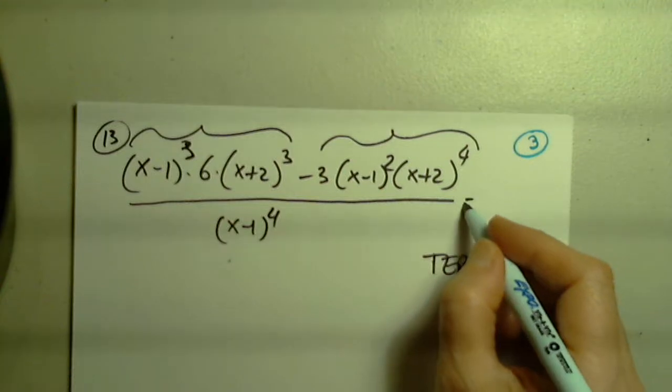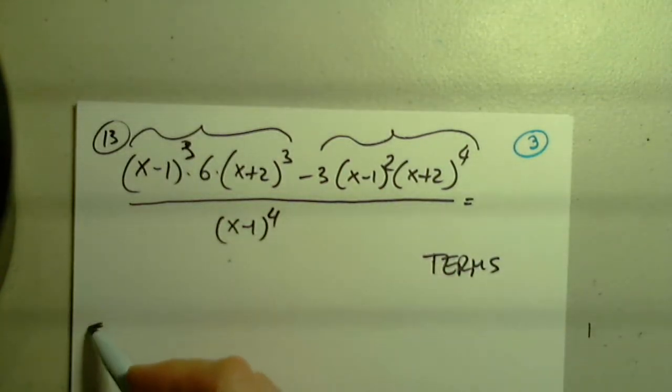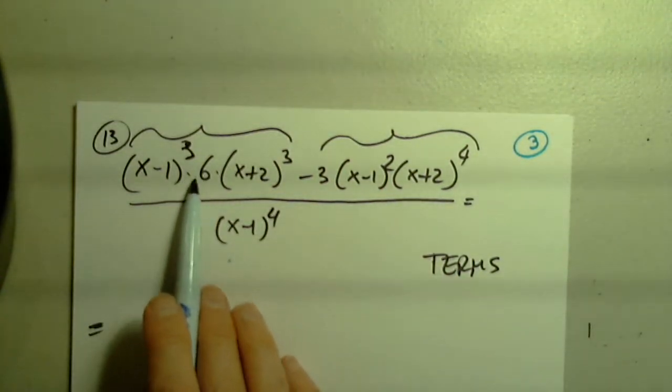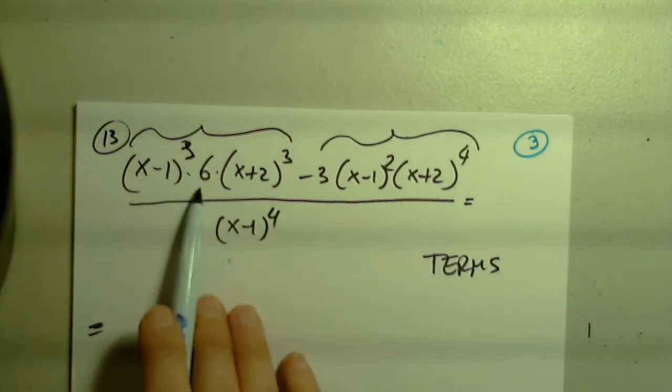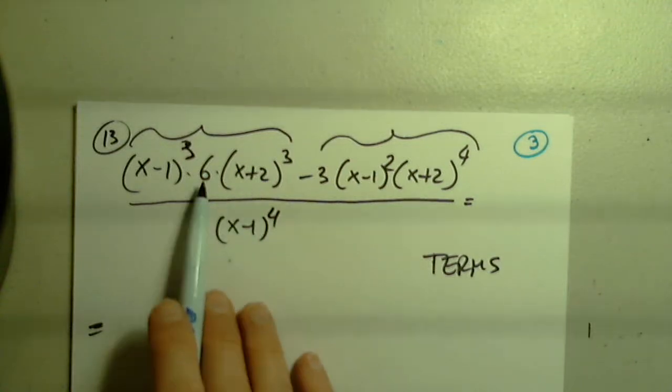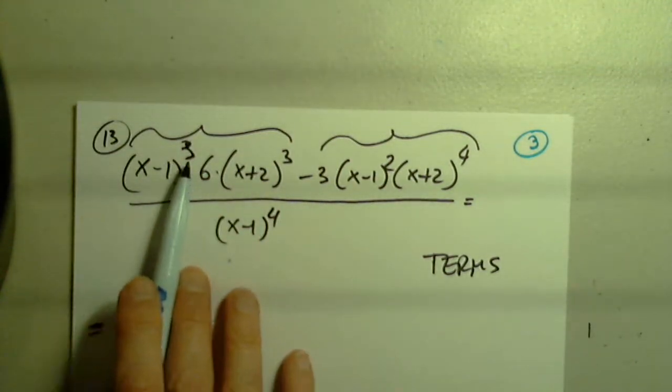Great job. Okay, so obviously I don't like having a factor like this in the middle of other factors with x in them. So here, the numbers go in front.